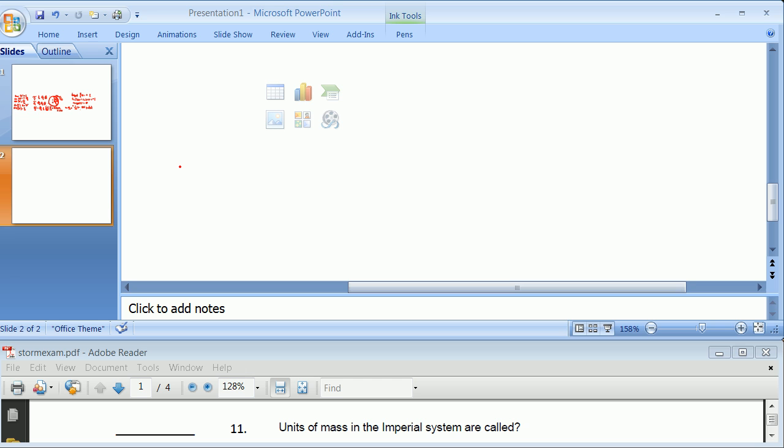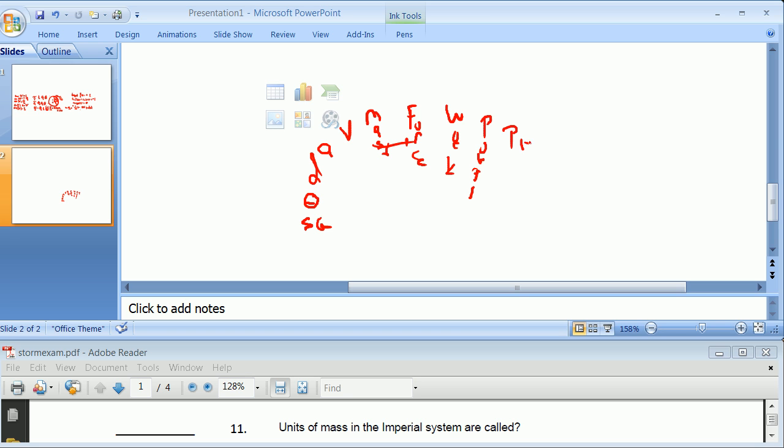But this concept of starting around the circle from specific gravity: radians, distance, area, volume, mass, force, work, power, pressure, torque, density, and unit weight.